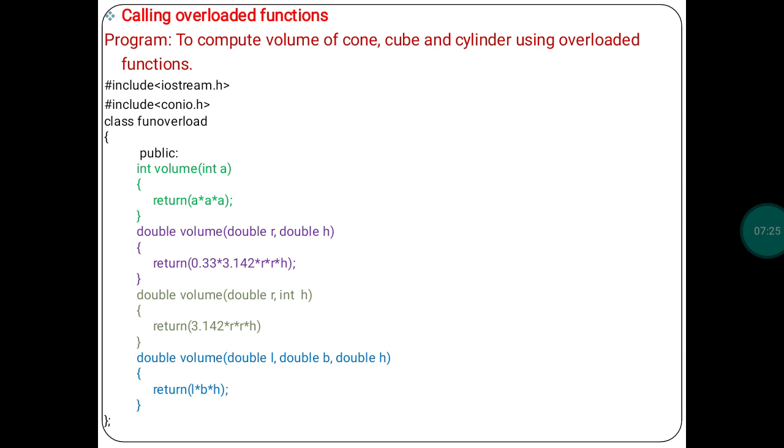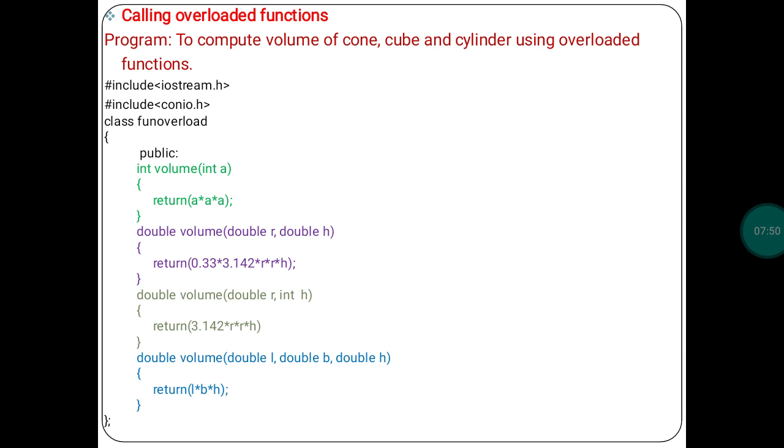You start writing the program: hash include iostream.h, hash include conio.h. Then class fun overload. Fun overload is the class name, class is a keyword. Opening brace. Directly I have taken public because I don't need to declare any variables in this program.